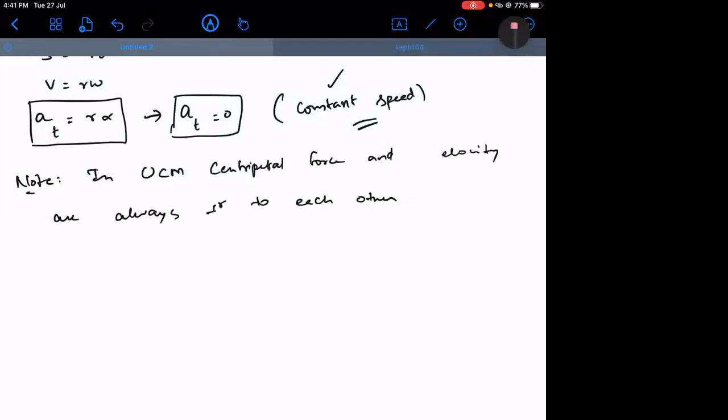Centripetal force and velocity are always perpendicular to each other at every instant. Is there any doubt other than this? Is it clear? Shall I proceed?